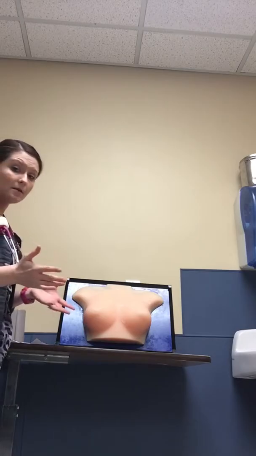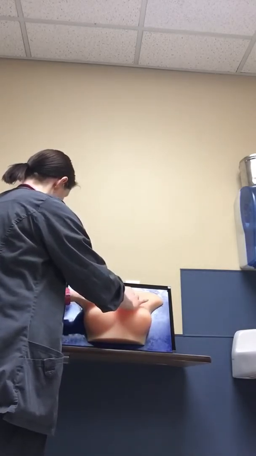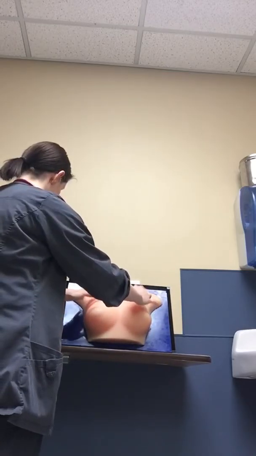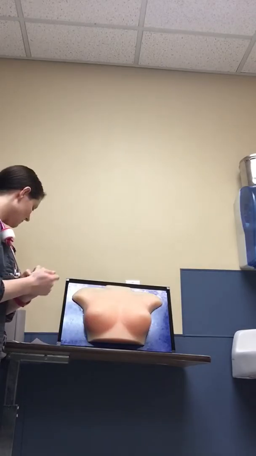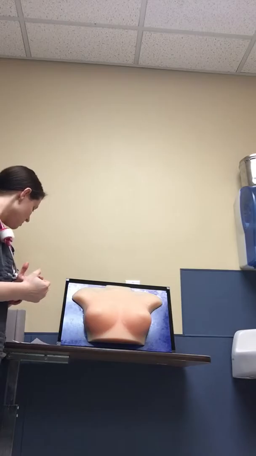I would palpate the chest wall, seeing for the related lymph nodes.